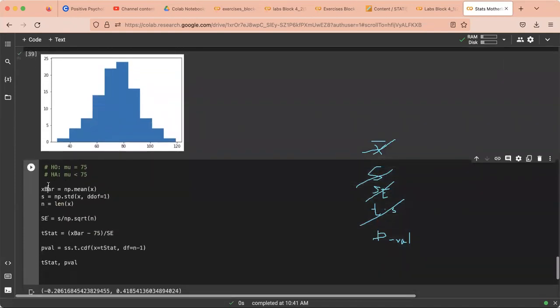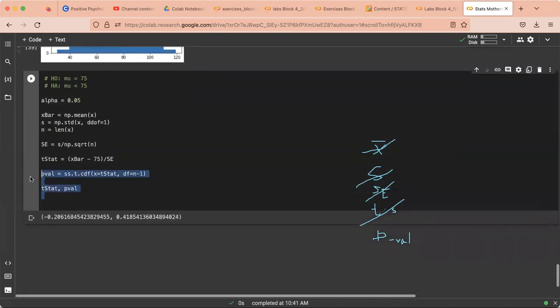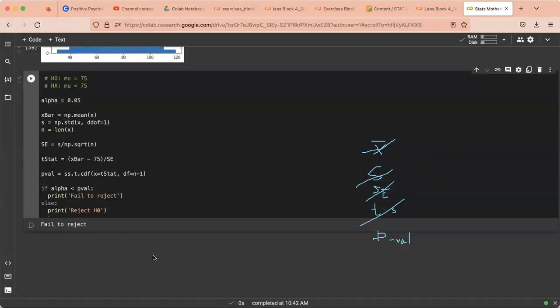We did not determine it, but let's determine it right now. Let's say our alpha is 0.05. Something you can do to make your lives easier is just using if statements. You can see if you fail to reject or you reject. I'm actually going to print the p-val real quick so you guys can see it.